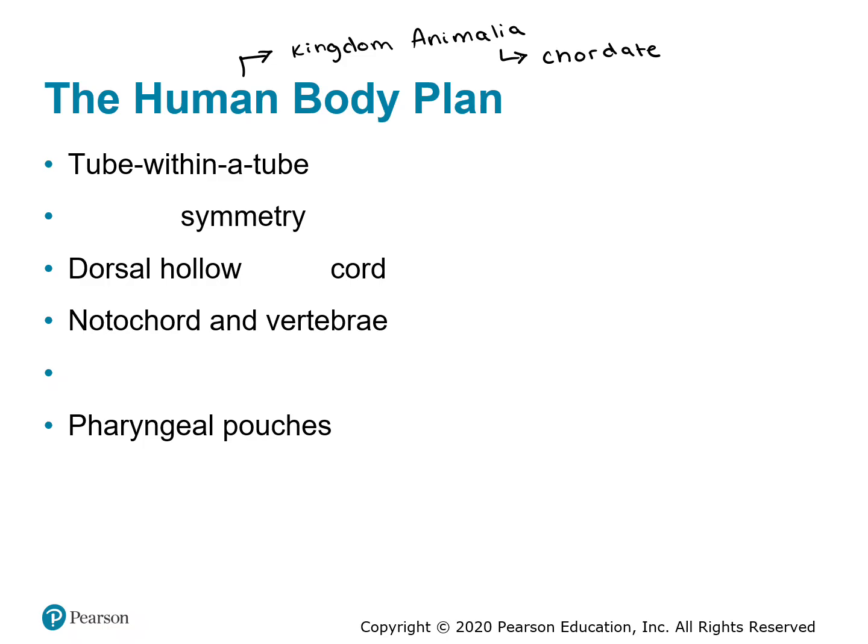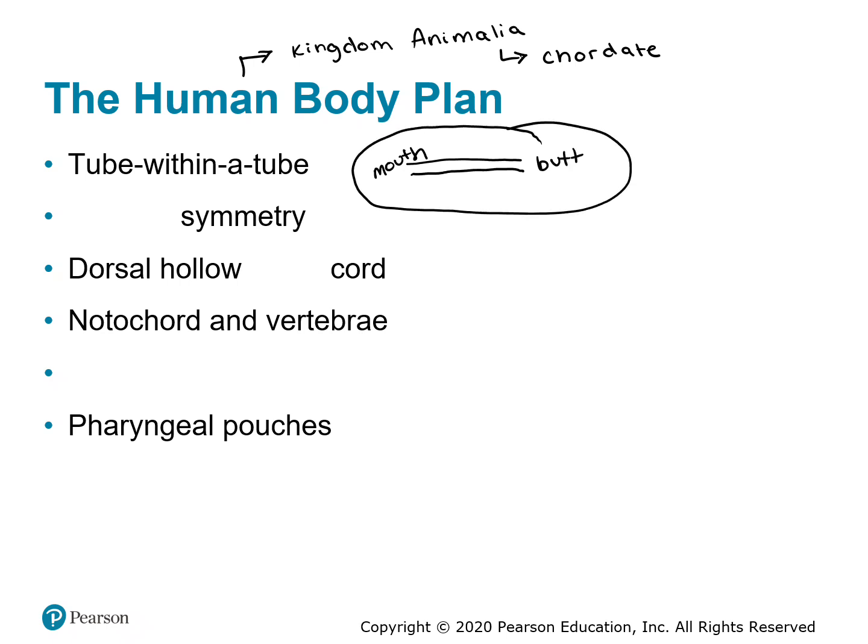One of the things that it has is this tube within a tube kind of layout. So we start as one tube that is just mouth and butt, and then we eventually become another bunch of tubes that surround that mouth and butt tube. And we'll talk about that a lot more in chapter 3 when we talk about embryology. Okay?